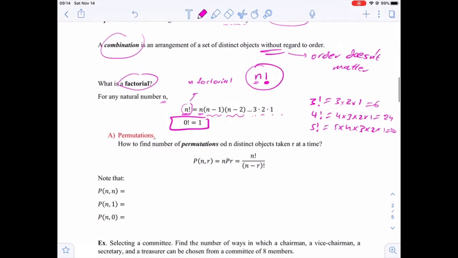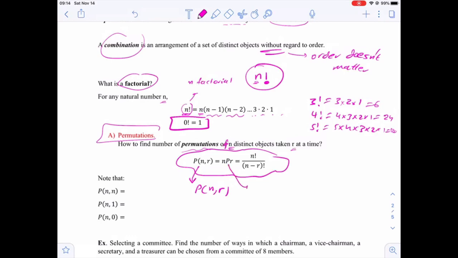Now let's start with permutations. For permutations, we want to find the number of permutations of n distinct objects taken r at a time. We may use the notation P(n, r) from a set of n objects.